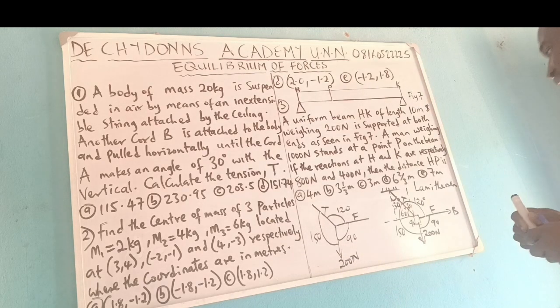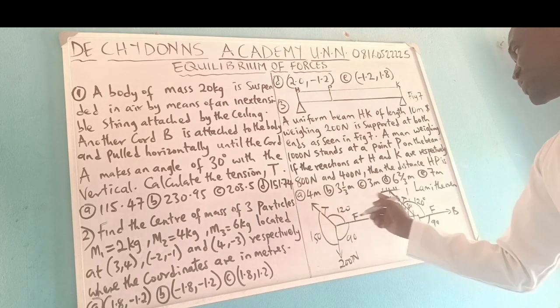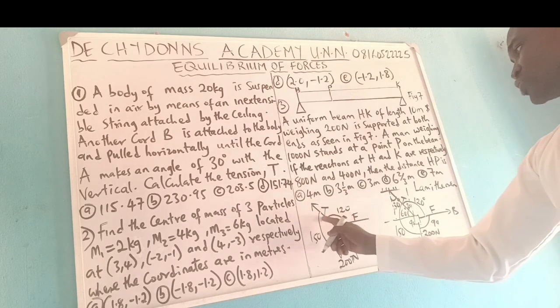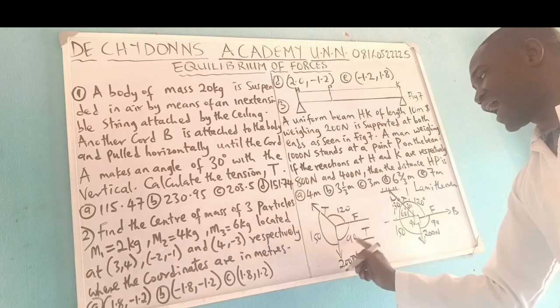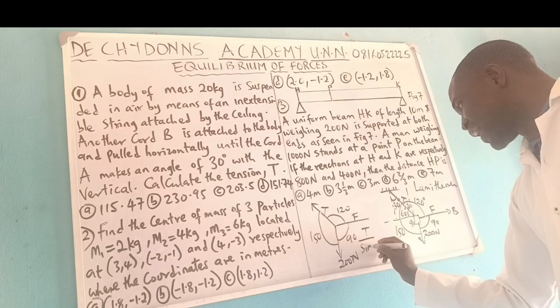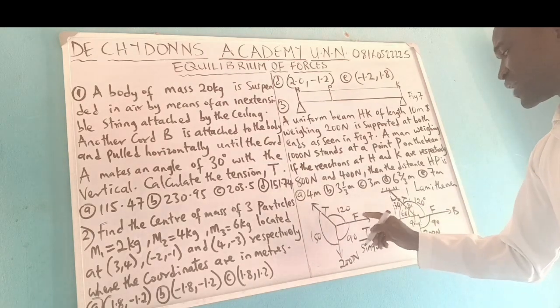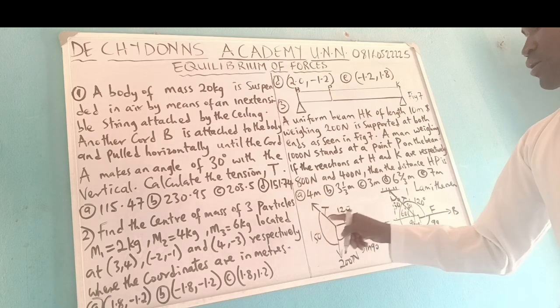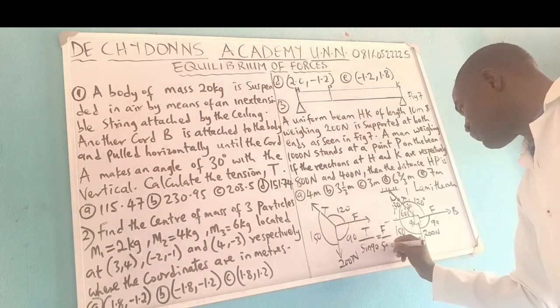Lami's theorem says that this tension you are seeing here should be all over the sine of the angle opposite it, all over sine 90, is equal to this force you are seeing here, all over sine 150.